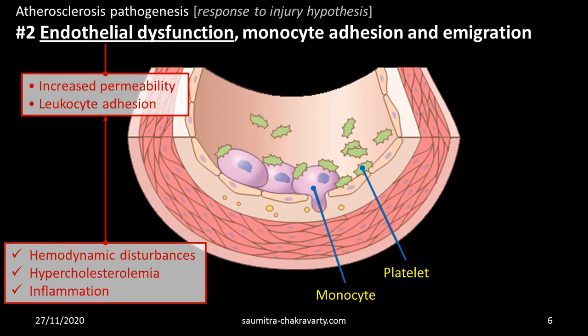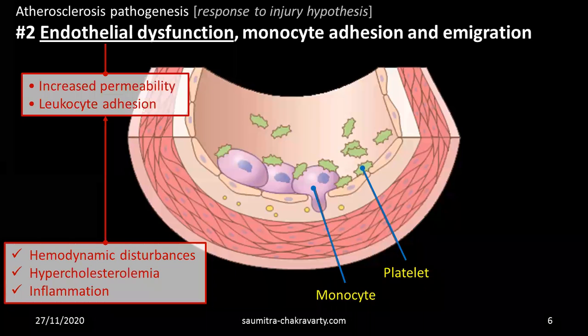The vessel is not supplying some injured organ, but the vessel itself is injured. Do you see the point? If you consider the vessel as an organ, then this vessel is injured. And more interestingly, the injury is not where the leukocytes are immigrating to. The injury is basically the endothelium.